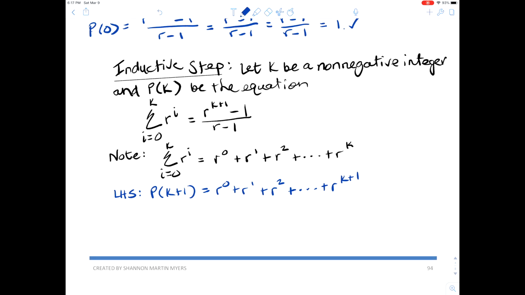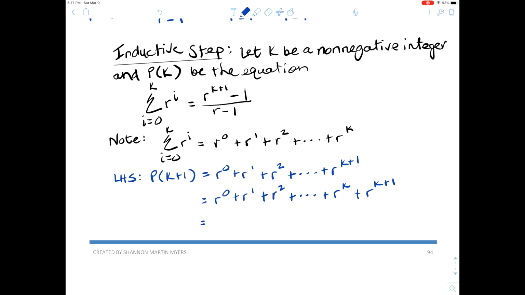But remember that trick. What do we like to do? We like to take the first terms until the kth term, right? So r to the k would be the term before r to the k plus 1. But what is all of that stuff?